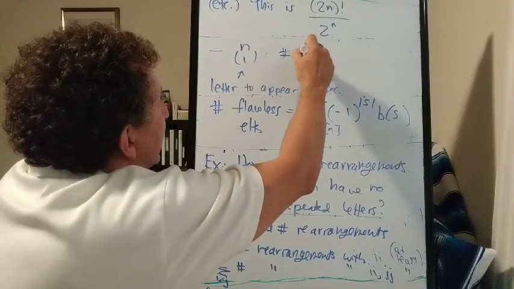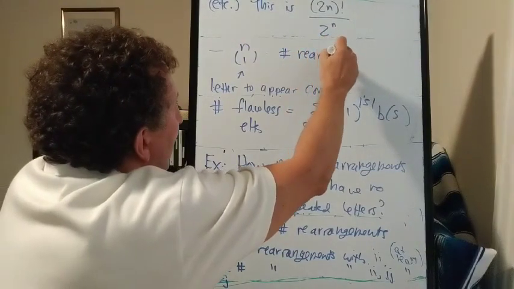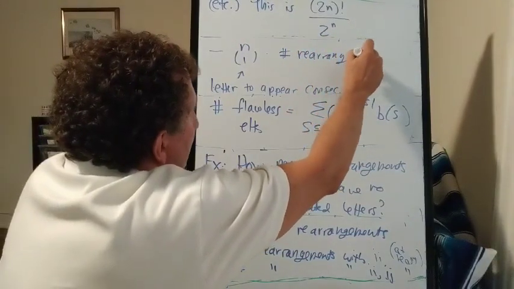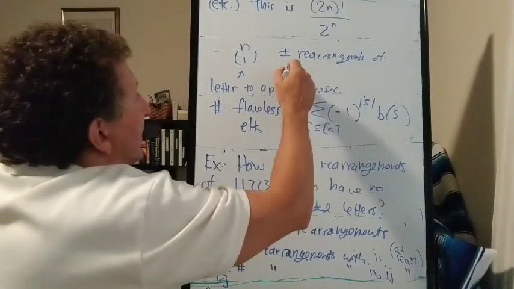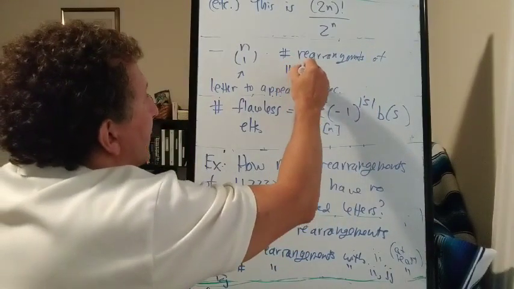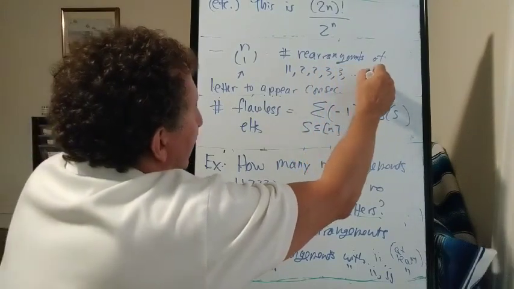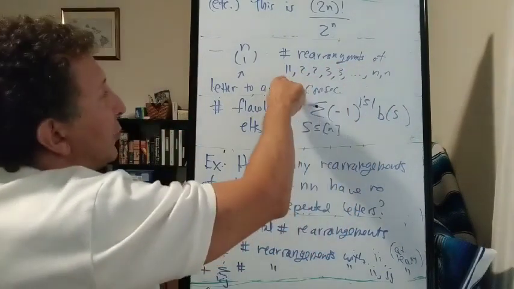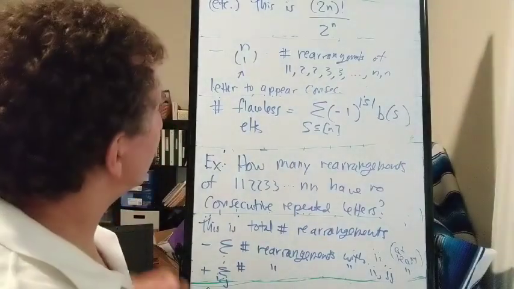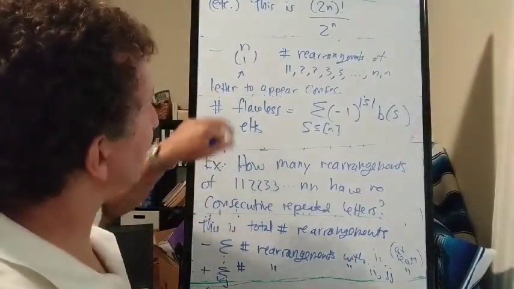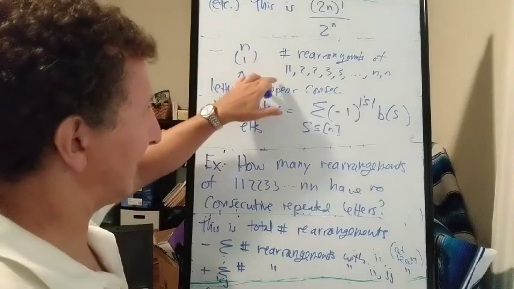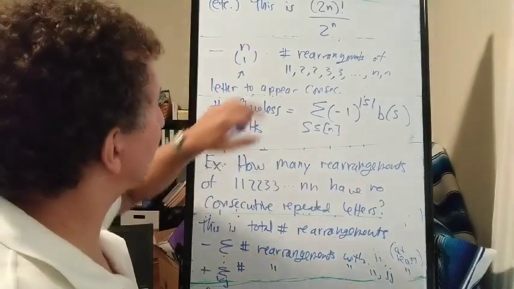That times the number of rearrangements of, let's say, 1 1 comma 2 comma 2 comma 3 comma 3, etc. So I'm going to treat 1 1 as a single letter since we've got one letter to appear consecutively, so might as well say it's 1. It doesn't make any difference which one it is.